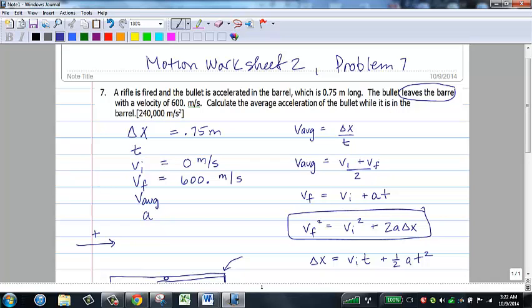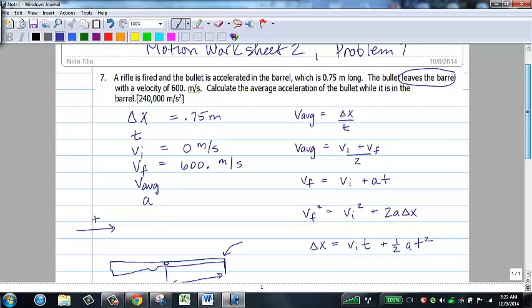So I'm sure that some of you can look at the list, find the right equation, and move on. My experience has been that this is a place where students sometimes get stuck. They don't know what equation to choose, so I'm trying to give you a strategy for choosing the correct equation.